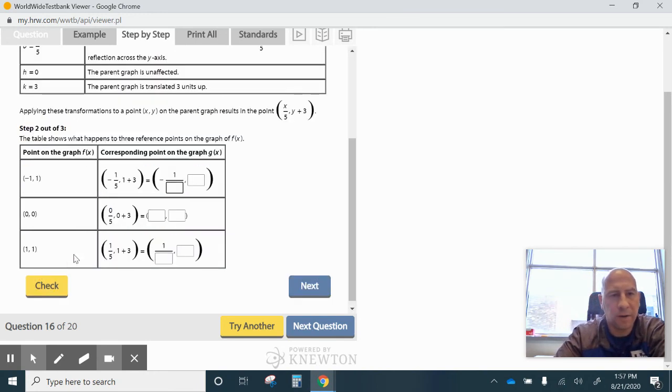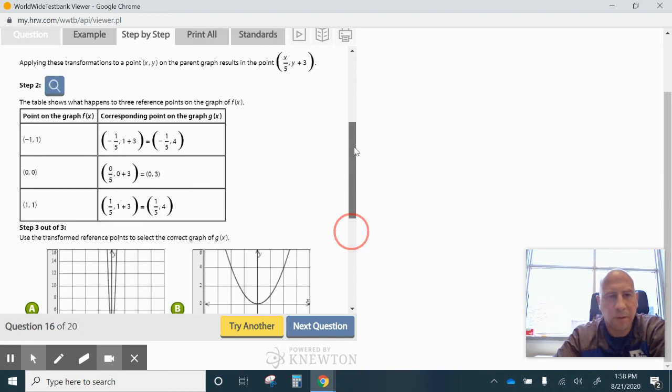So let's check. All right, step 2. The table shows what happens to 3 reference points on the graph of f of x. I don't see that it's necessary and helpful, so let's skip that. These are transformed reference points for the graph.